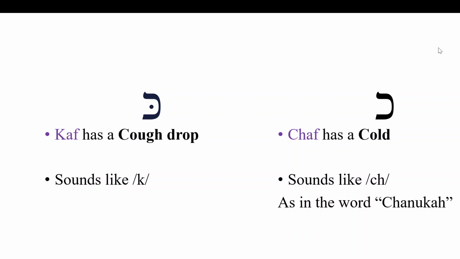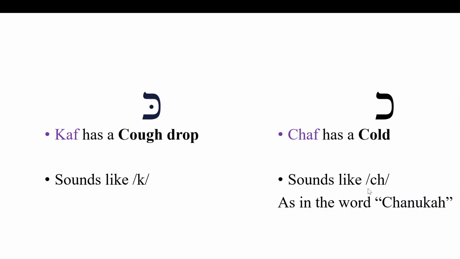We have the same thing here with kaf and chaf, where kaf and chaf are the same letter, but one has the dagesh and one doesn't. So without the dagesh, we have the chaf. The chaf has a cold, and we can say that because the chaf makes a ch sound, which kind of sounds a little bit like there's a little bit of gunk in your throat.